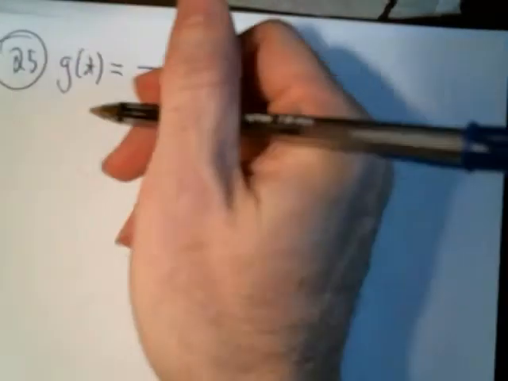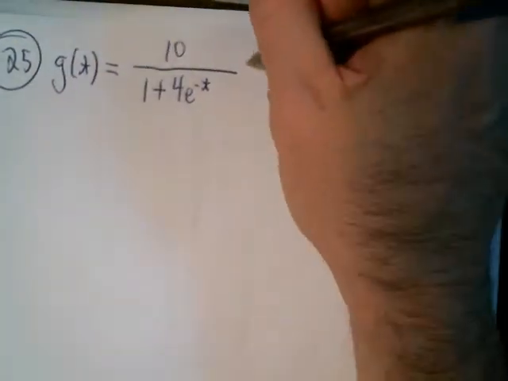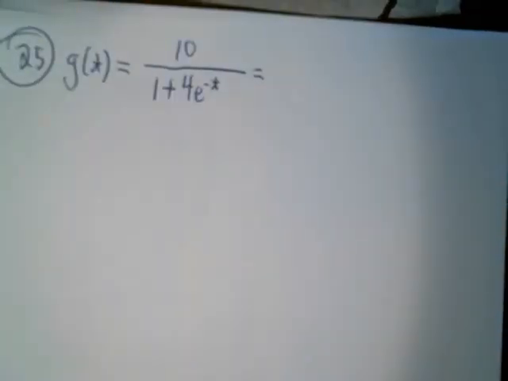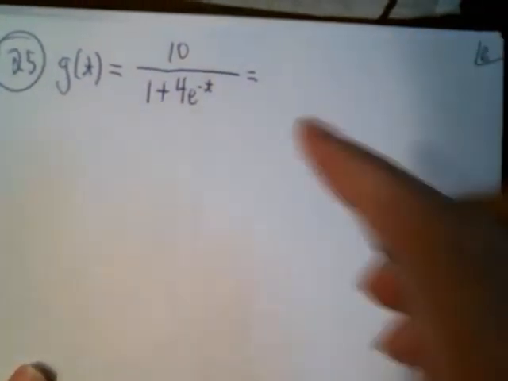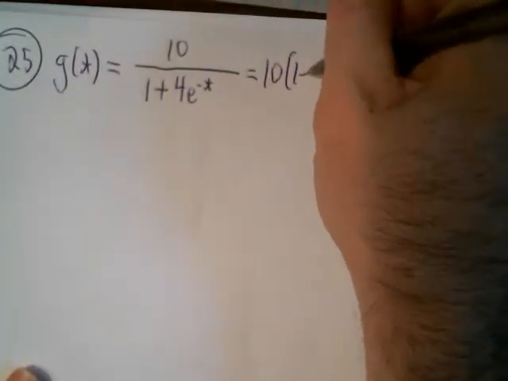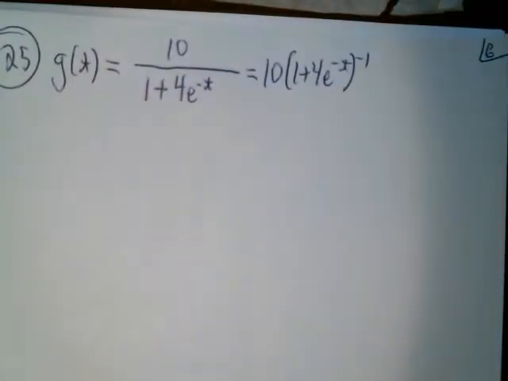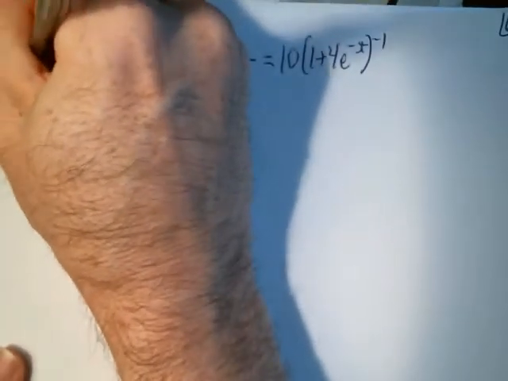First off, we worry about the domain. And in order to take derivatives here in a couple minutes, I'm going to rewrite this expression as 10 times (1 plus 4e to the negative t) to the negative 1. Again, this is called the logistic equation.